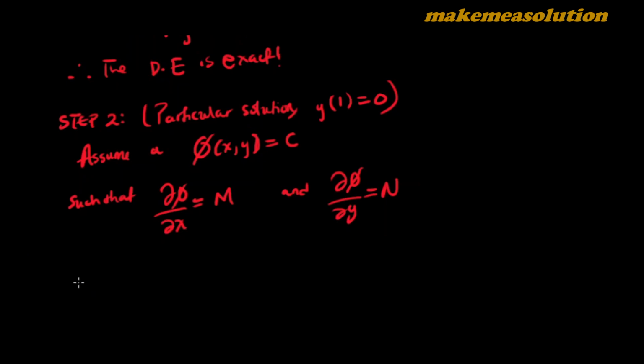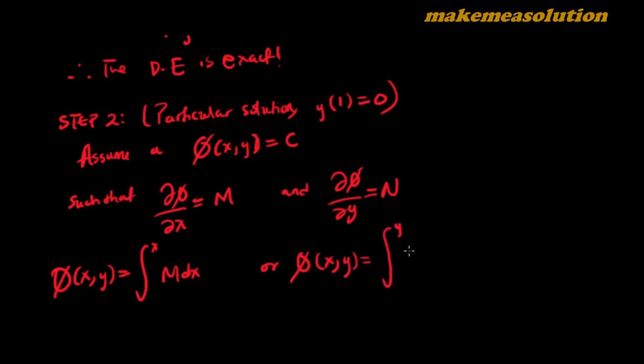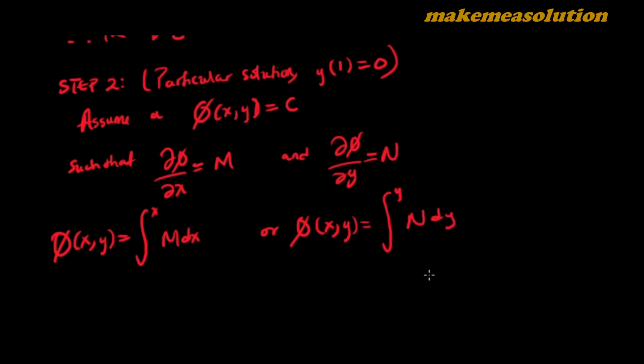So as usual, we can establish from our proof that our phi of x comma y can be the integral with respect to x of m dx, or our phi of x comma y can be the integral with respect to y of n dy. Okay, like this. So whichever one you want to go with, please suit yourself.